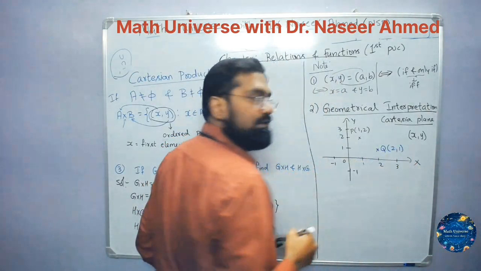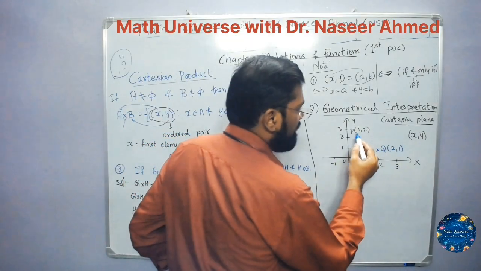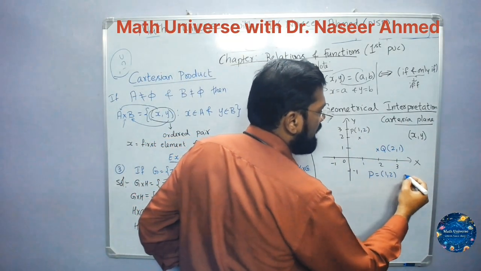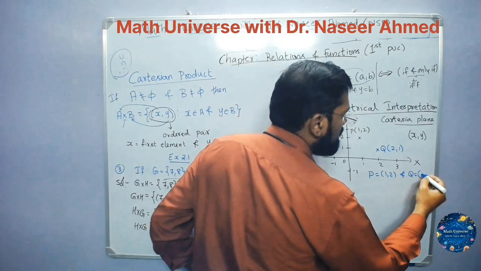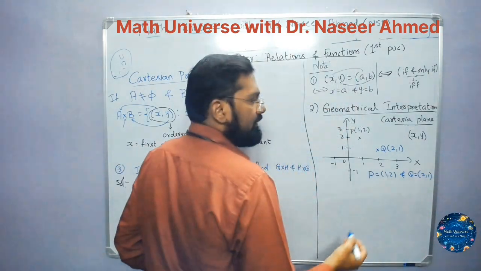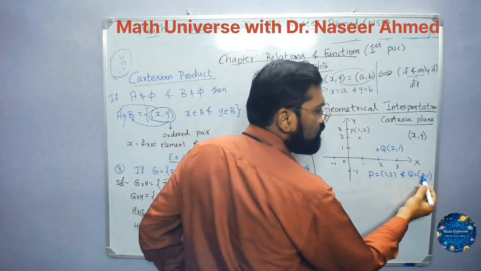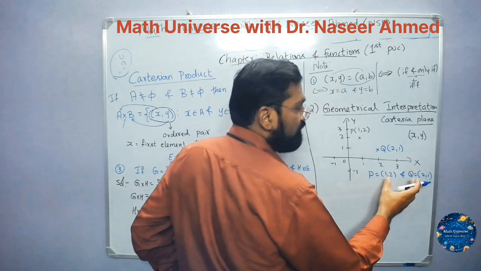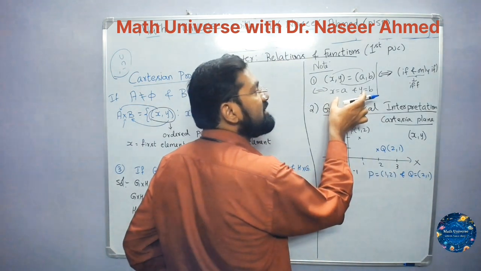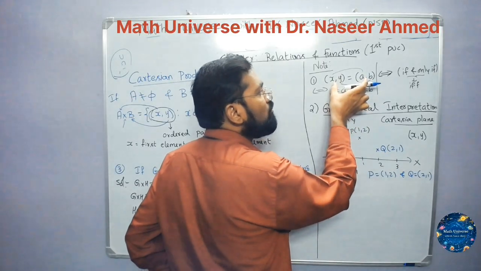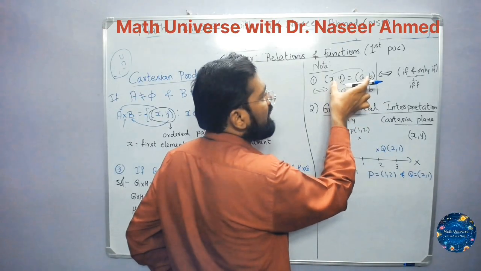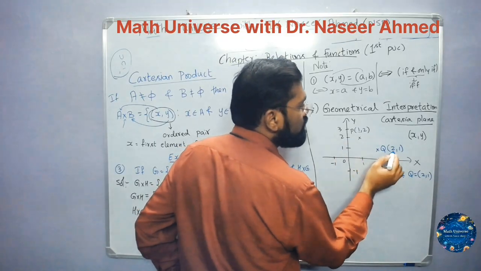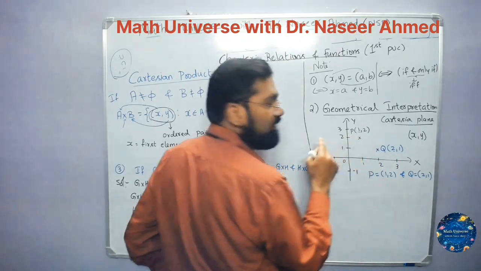Now see very carefully, for these two, I have taken P is equal to 1 comma 2 and Q is equal to 2 comma 1. Can you see? Is 1 equal to 2? No. Is 2 equal to 1? No. Why is that? I want you to understand why this condition should be true for these two coordinates, or the ordered pairs, to be equal. Reason is here. Since these two are different, the points are two distinct points.